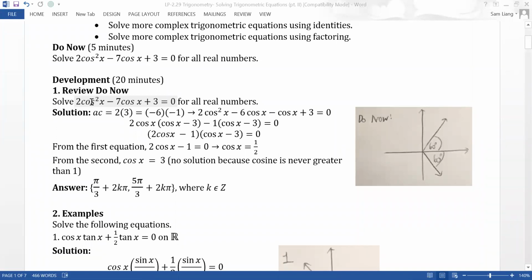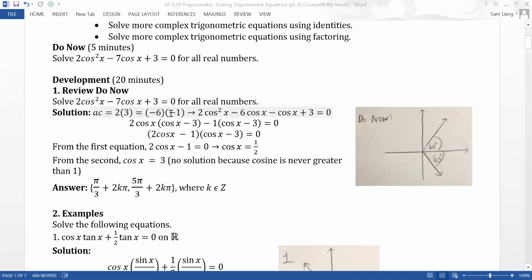So we're going to take the quadratic coefficient 2 in this case, multiplied by the constant term, which is c, right? So that'll be 2 times 3. And at this point, you have to think of two numbers that multiply to 6, right? 2 times 3, and add to -7, right? And they could be negative. And if you think about it, it's going to be equal to -6 and -1, right?